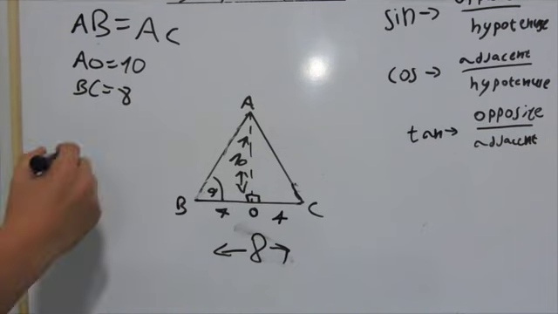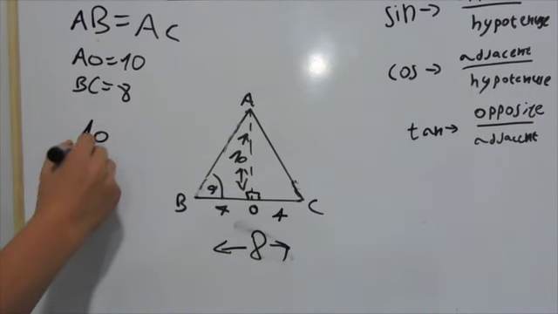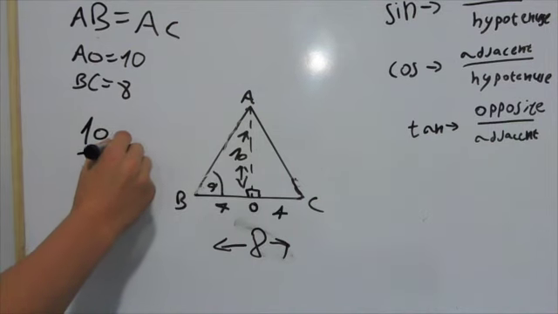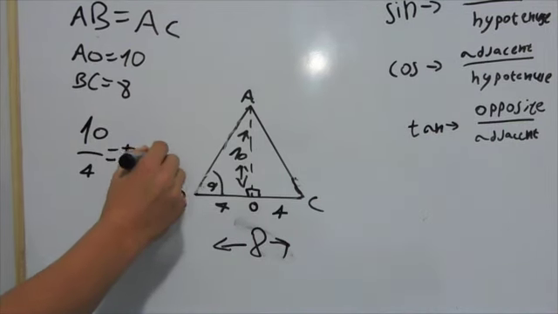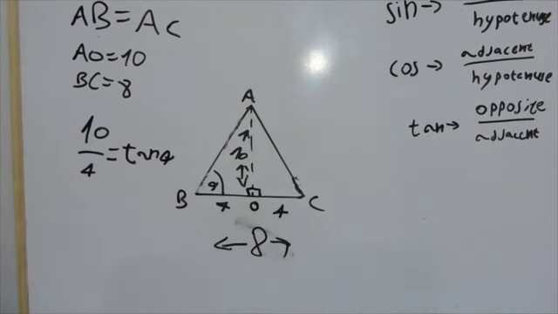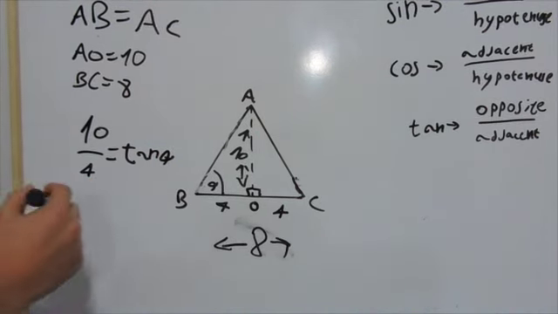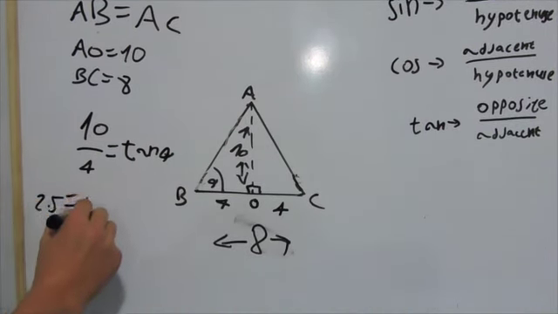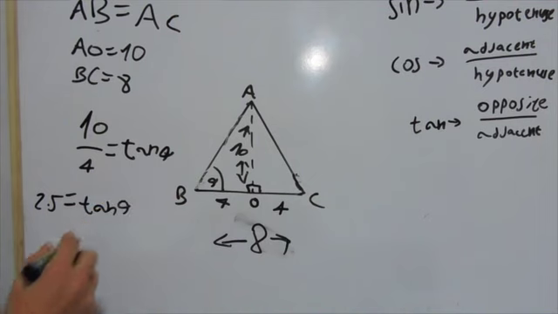We're going to do 10 divided by 4 equals tan alpha. Okay, so 10 divided by 4 equals 2.5 equals tan alpha. Now, do you remember how we do this?